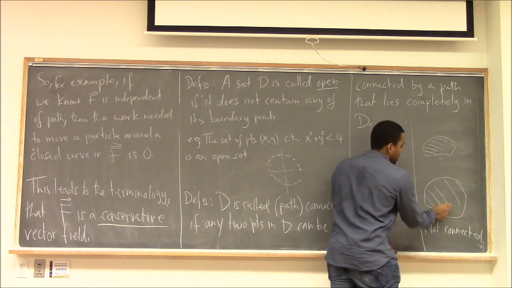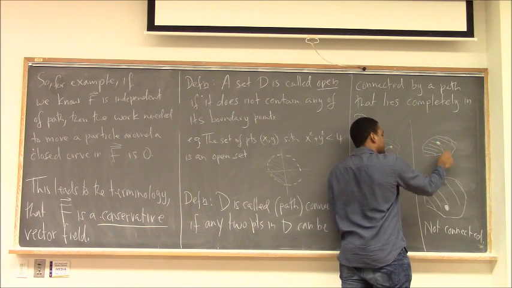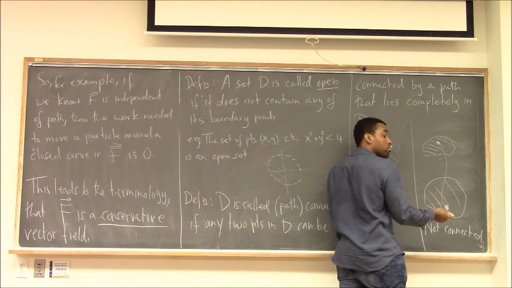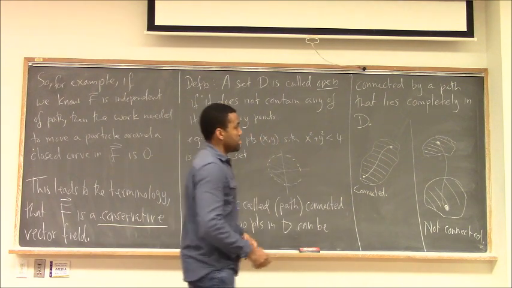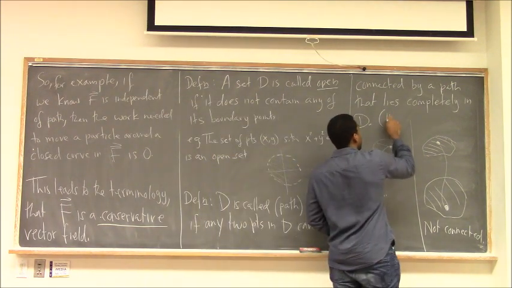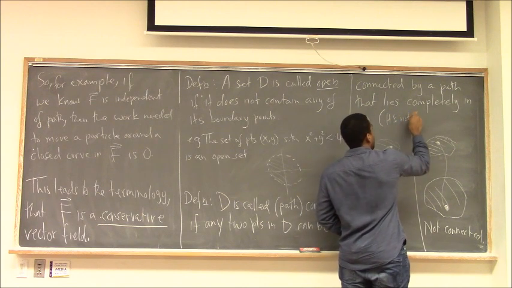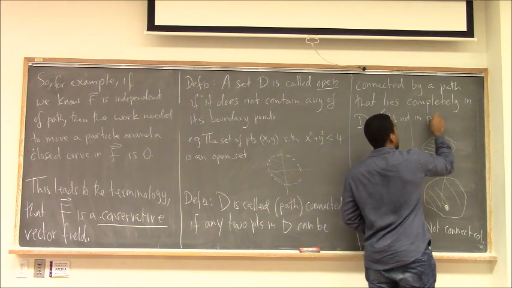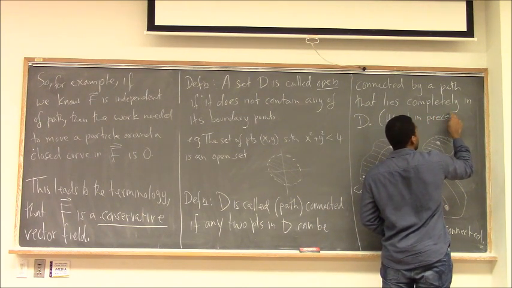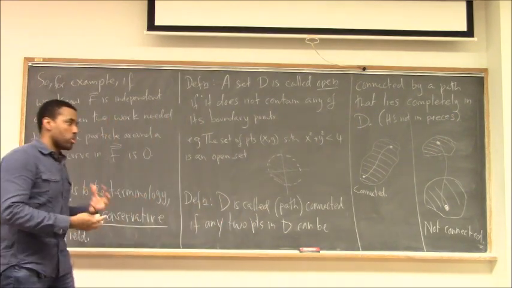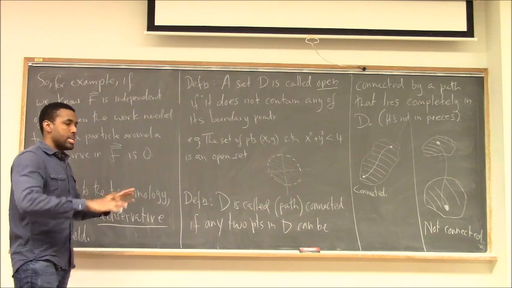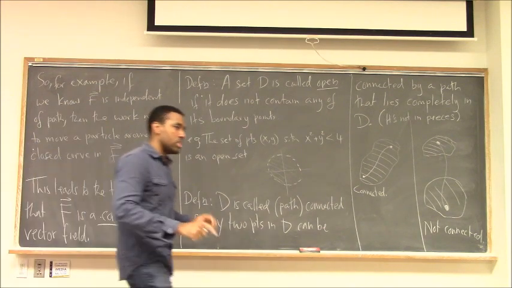Because if I pick a point here and a point here, to connect them with a path, I have to exit the set. So connected basically means it's not in pieces. Everything has to be together in kind of one blob. There are times our theorems will fail if the set you're looking at is fractured or fragmented or disconnected.